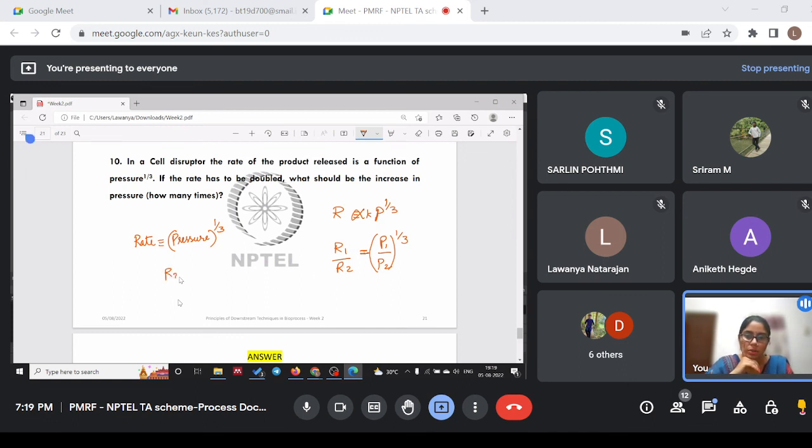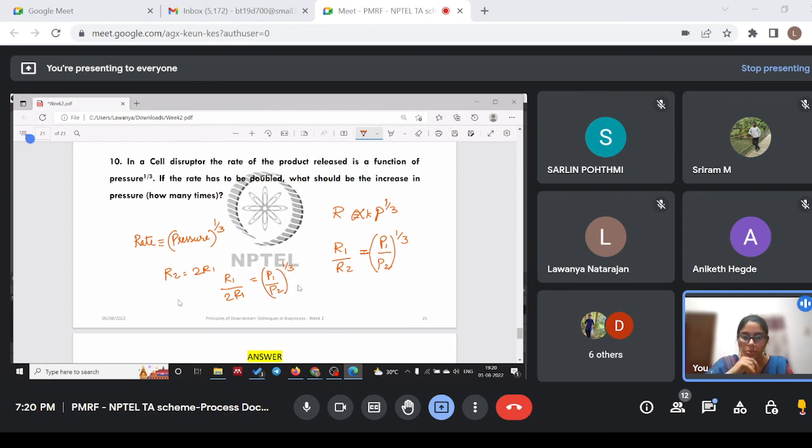Now I want R2 is equal to 2 into R1. So R1 by 2 R1 is equal to P1 by P2 whole power 1 by 3.